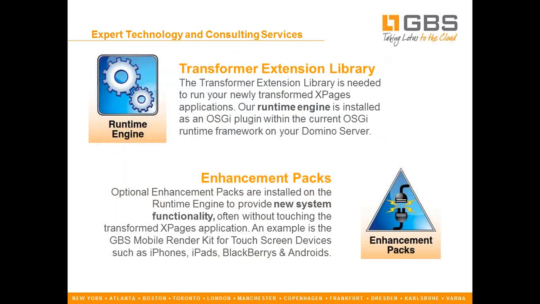So the extension library, which is needed to run the transformed applications from your Domino server, is simply an OSGi plugin. It runs within the OSGi framework on your Domino server. Very simple, very easy, and there's no install required on your Domino server.